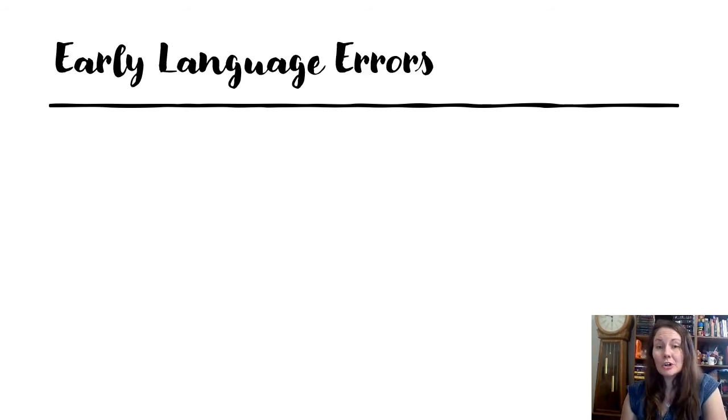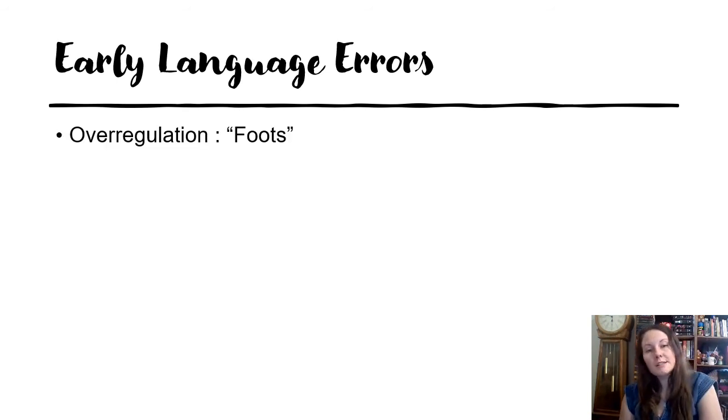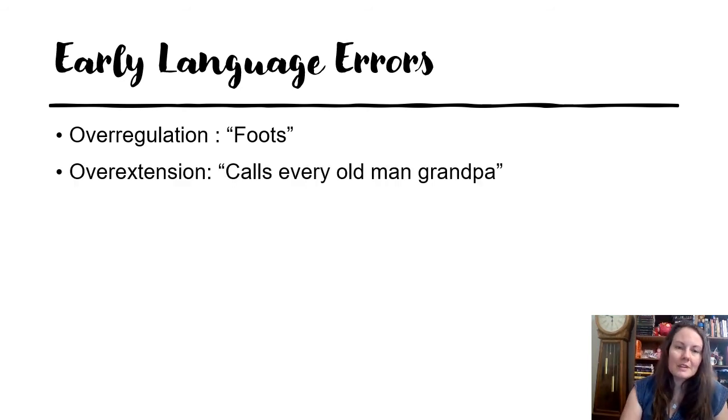Okay, and so there's some early language errors that kids have. One is overregularization. This is where they overuse different things like suffixes like the S, right? So instead of saying feet, they say foots. And this is something that happens all the time. Sometimes we'll see overextensions. That would be like a child calling every old man grandpa.